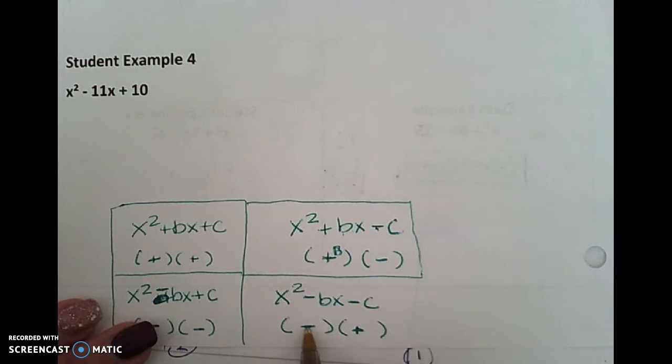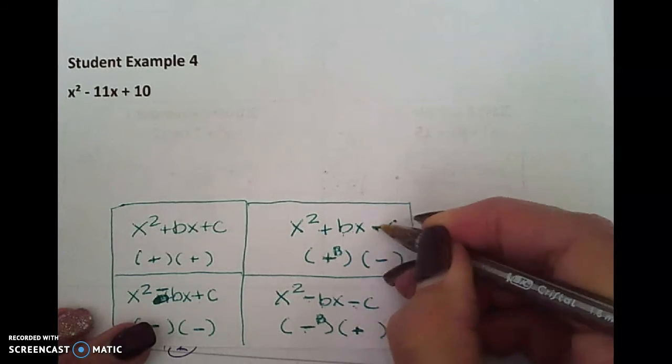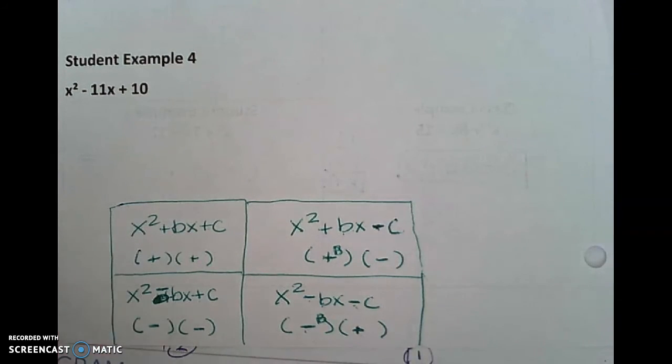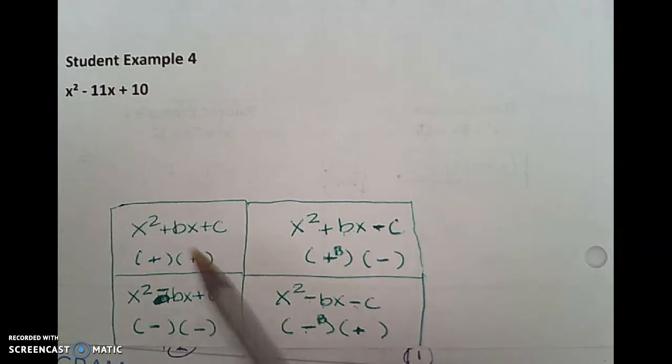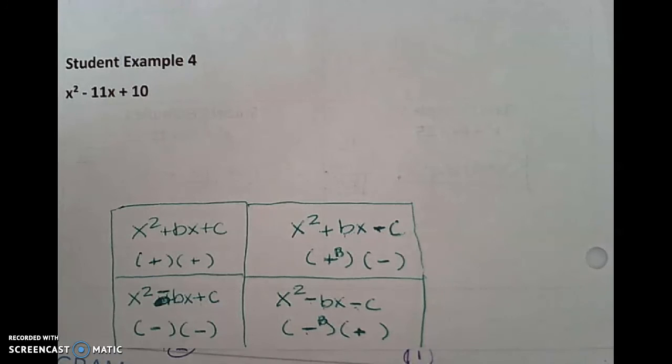They're going to multiply to be a negative and subtract to be this. Because the middle term is negative, your bigger number will go with the negative. These are the harder ones, when there's a negative end term: the signs are going to be different. When there's a positive end term, the signs are the same. Whatever's in the middle is what they both are. That is going to be key.